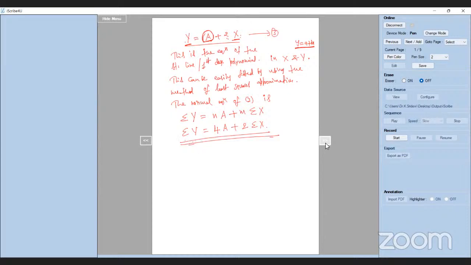So now we have to find the summation X value and summation Y value.